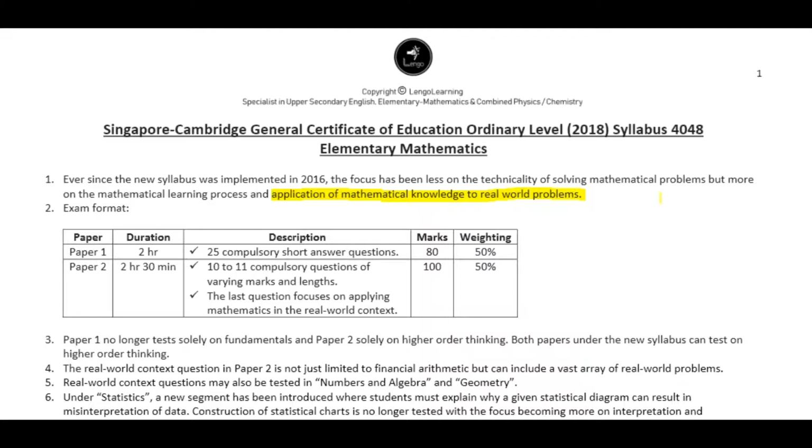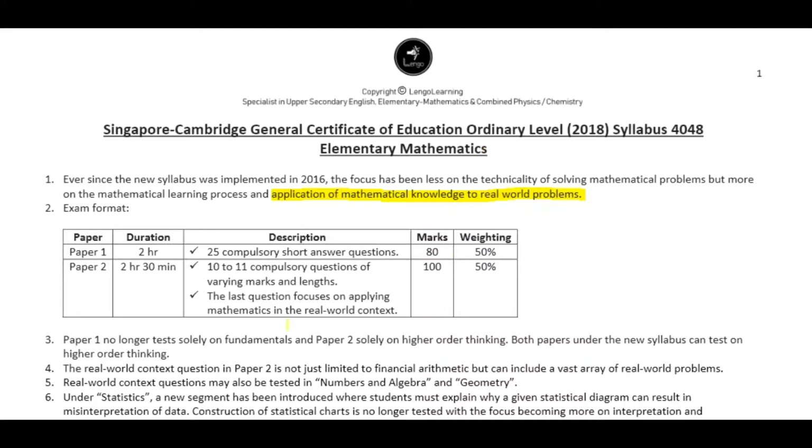But at the same time, even though it's more difficult, students will find that what they learn under the elementary mathematics syllabus will be a lot more useful in real life, and they'll be able to develop stronger interest because it is a lot more relevant to their daily life and their daily routine.